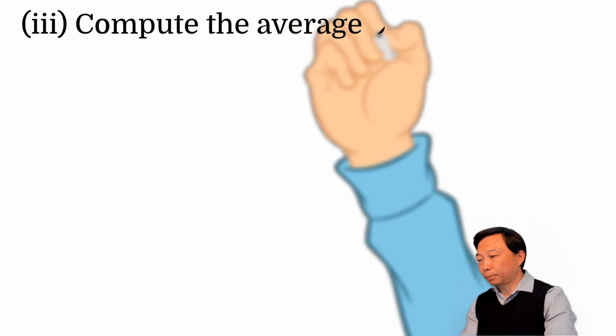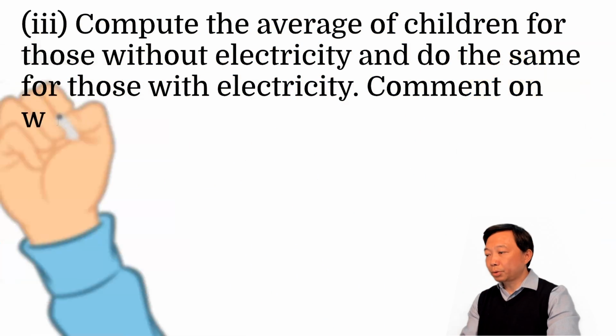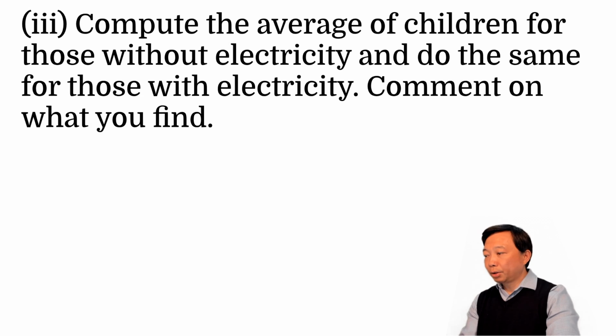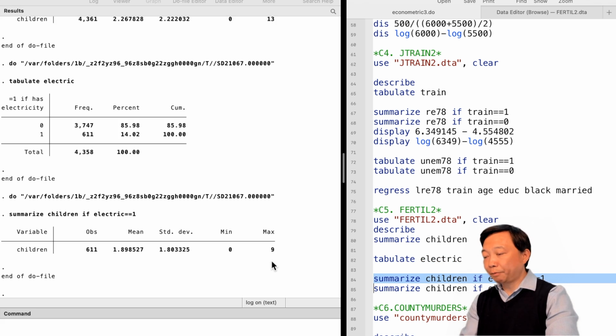The third question: compute the average of children for those without electricity and do the same for those with electricity. Again, we use summarize with the if modifier. We type summarize children if electric is equal to 1.